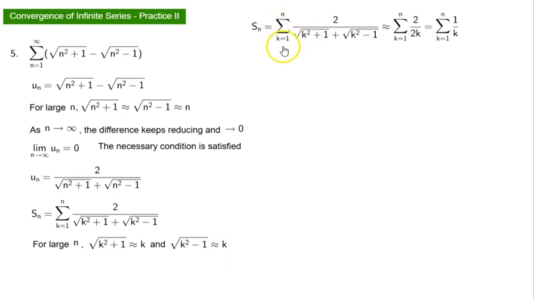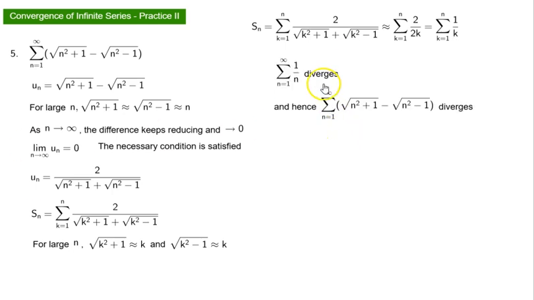So s sub n is approximately equal to the partial sum of 2 by 2k, k plus k, if we do the substitution. So 2k, 2 cancels out, and we are left with the harmonic series. And we know that the harmonic series diverges, and hence the given series also diverges.